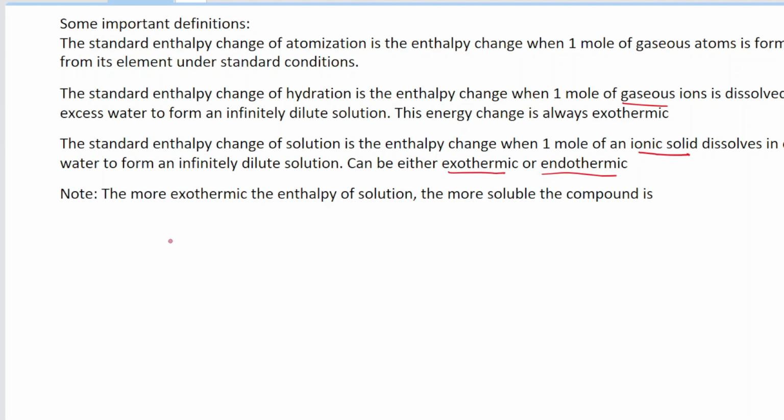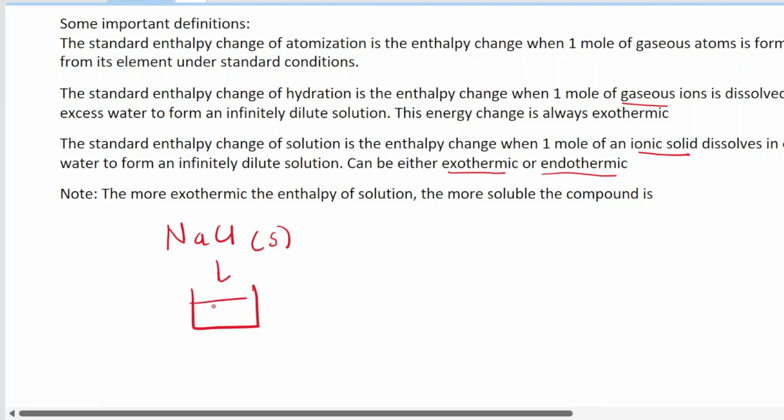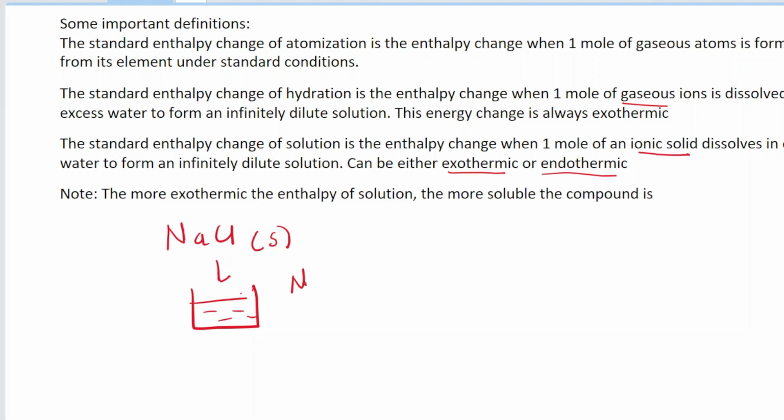Now, why is that? For example, let's take again NaCl, our favorite ionic compound. If this is dissolved in water, then there are two energy changes taking place. The first one is that for this to dissolve in water and become NaCl aqueous, you have to break the solid structure, the ionic lattice in NaCl.